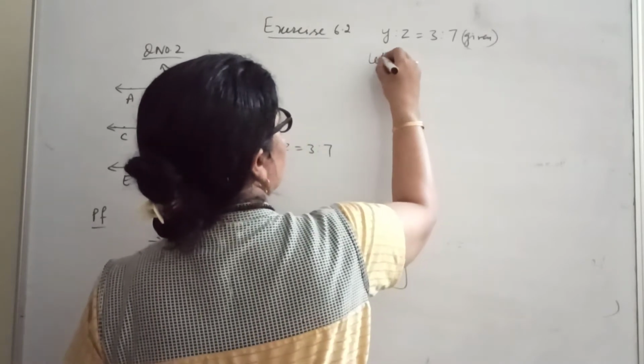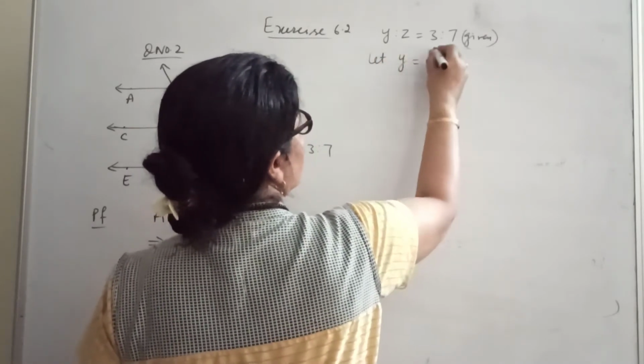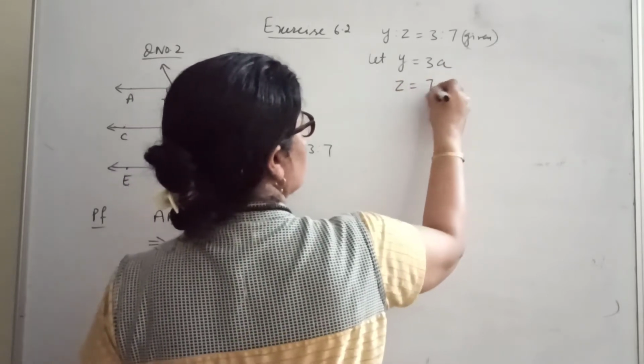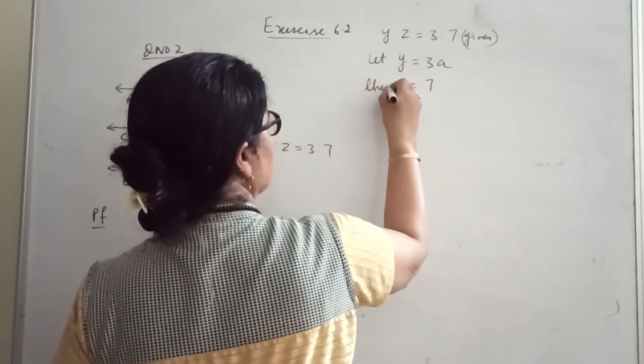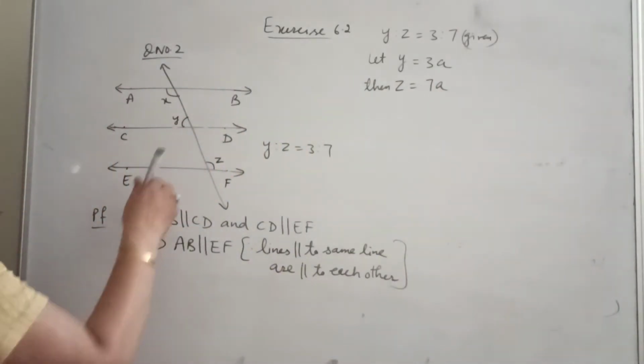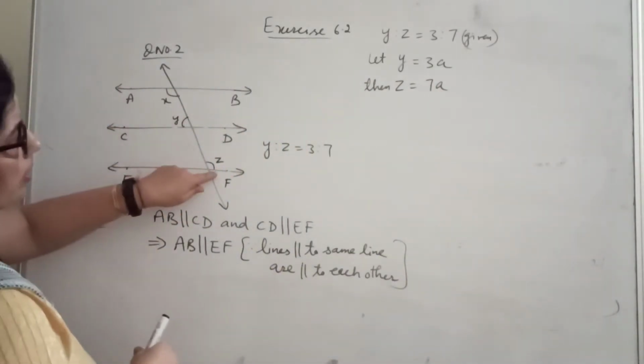Let angle Y be 3A, and if Y is 3A, then Z is 7A. So Y and Z we got.